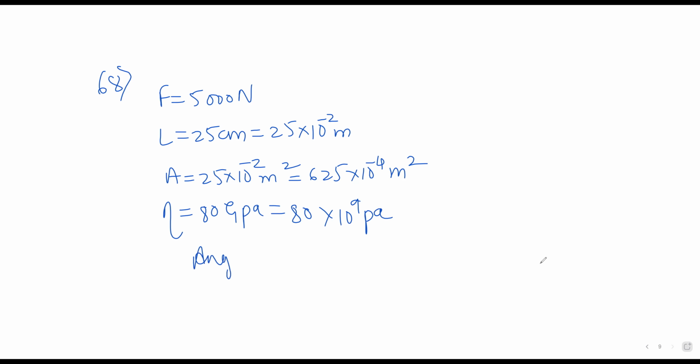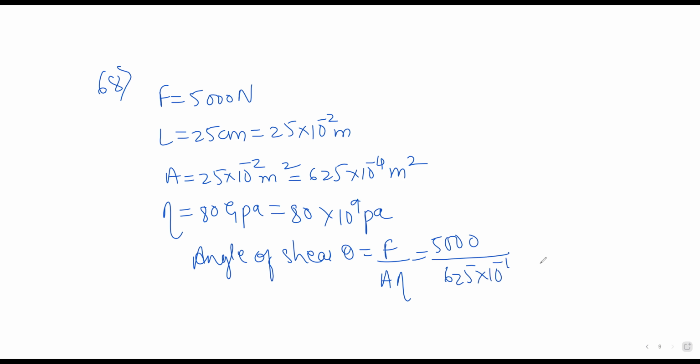And we have to calculate the angle of shear, that is nothing but theta is equal to force divided by area into modulus. So substitute all the known values, then it becomes 5000 divided by 625 into 10 to the power of -4 into 80 into 10 to the power of 9.